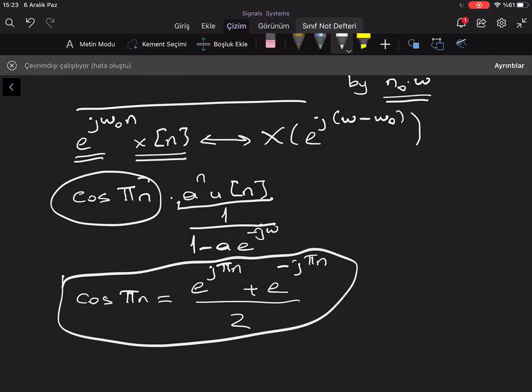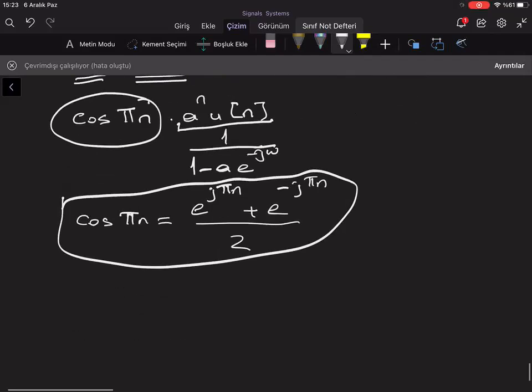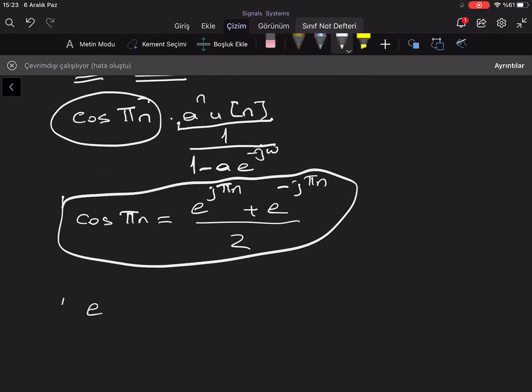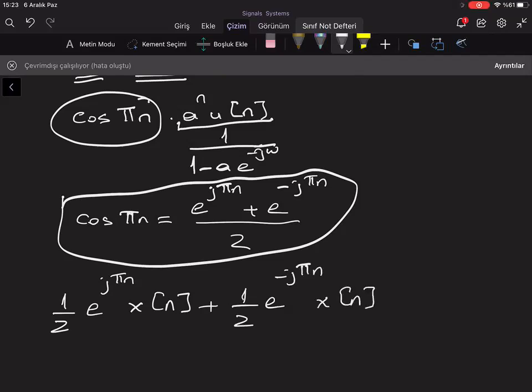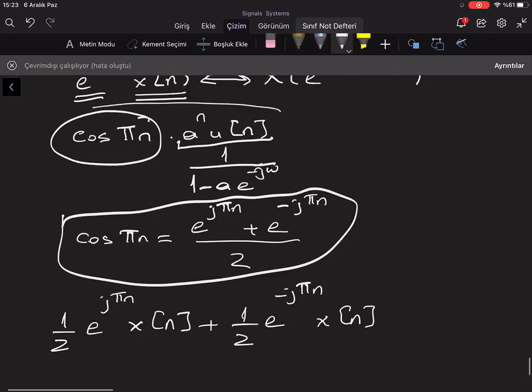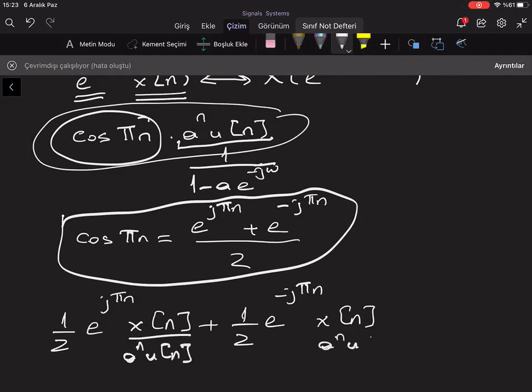So if I multiply my signal, I get 1/2 e^(jπn) x[n] plus 1/2 e^(-jπn) x[n], this is my function. Okay, and x[n] is a^n u[n].